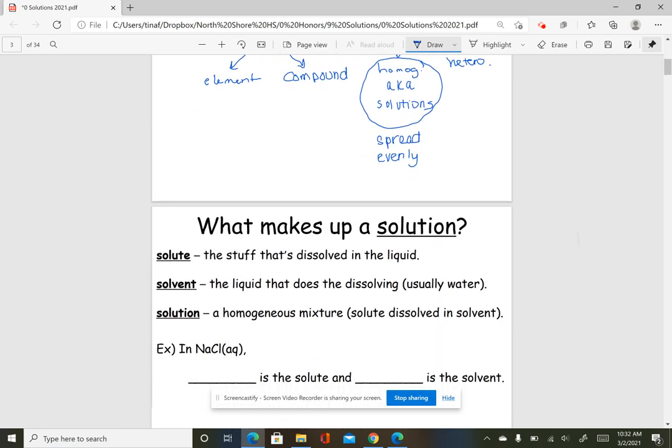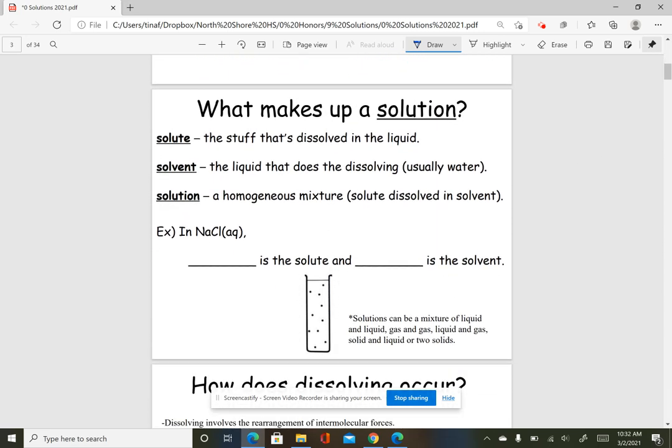Okay, so as far as vocabulary goes, a solution is a whole mixture. So when we say the word solution, we're talking about the two things that make it up. So if I talk about iced tea again, I would be talking about both the iced tea powder and the water. They both make up the solution.